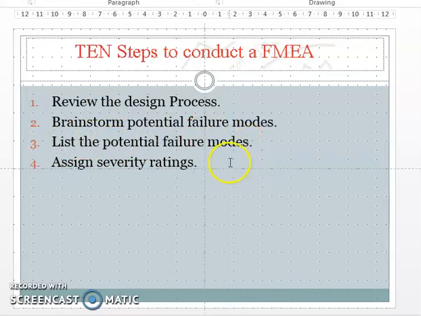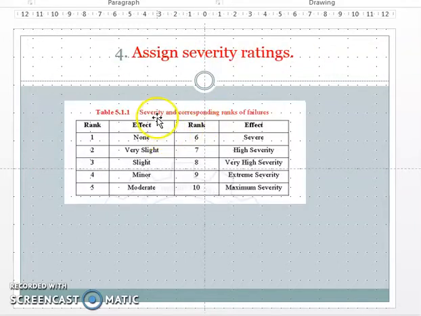And the fourth step is to assign severity rating. It is very important how to assign severity ratings. Just see how to assign. It depends on how this failure mode will affect. It should be ranked as a 1 if there is no effect.